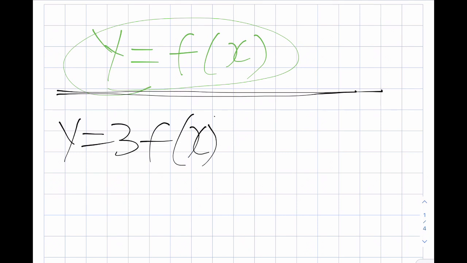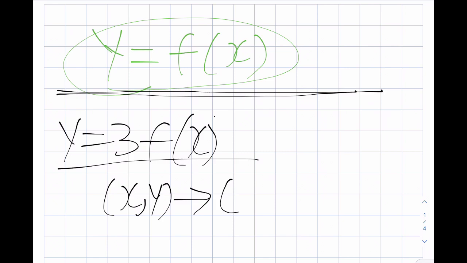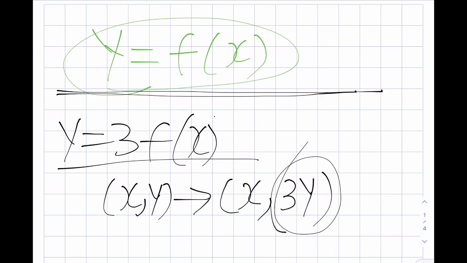And here for this function, our mapping notation will be (x, y) arrow (x, 3y), because when we stretch a function vertically by a factor of 3, our y values get increased by a factor of 3 as well.